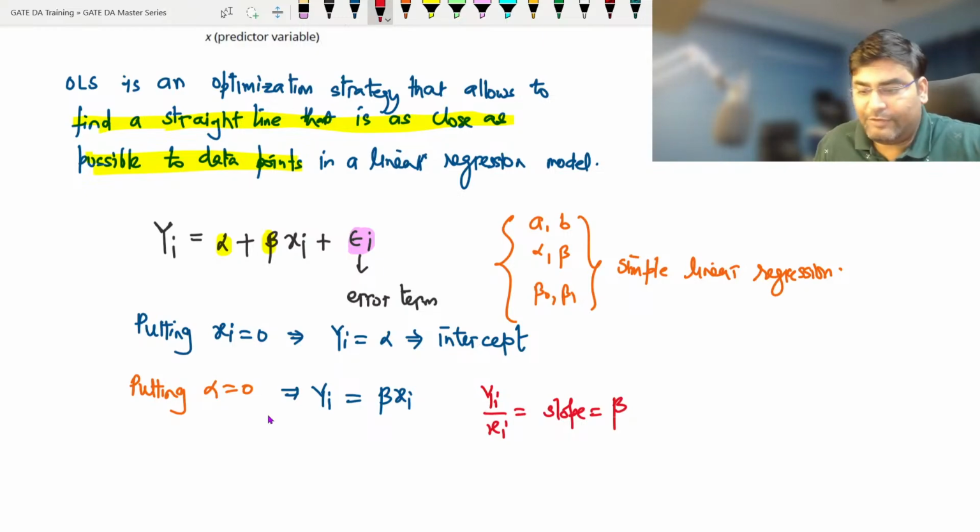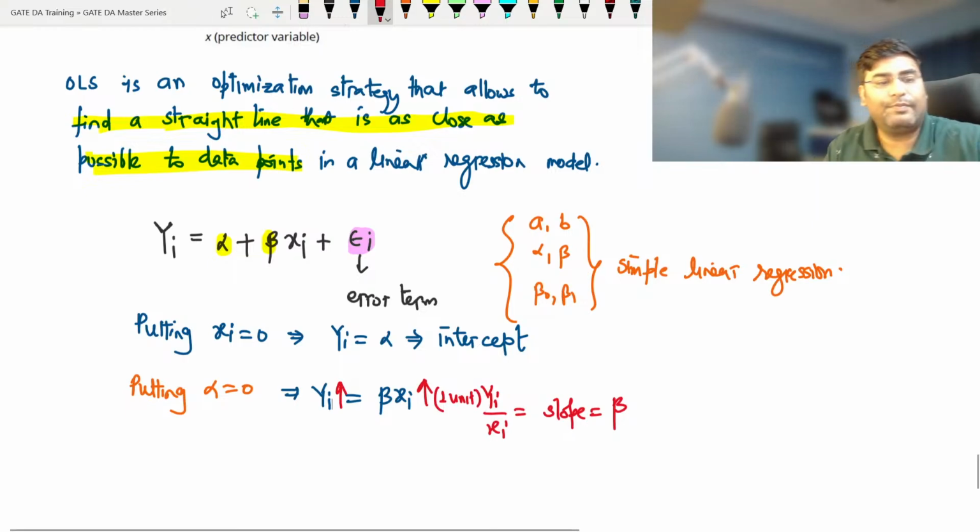Now, if you increase xi by, let's say, 1 unit, I'm just giving an idea here. If you increase xi by 1 unit, isn't it that yi will also increase by the same? That's the whole point here, guys.